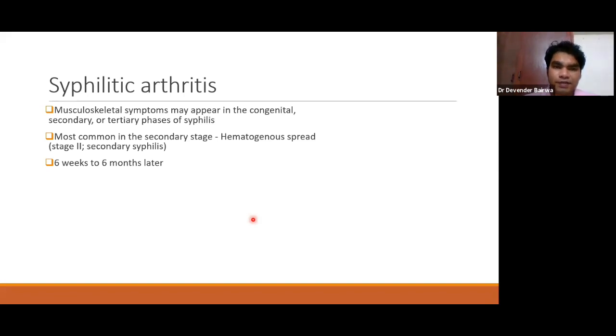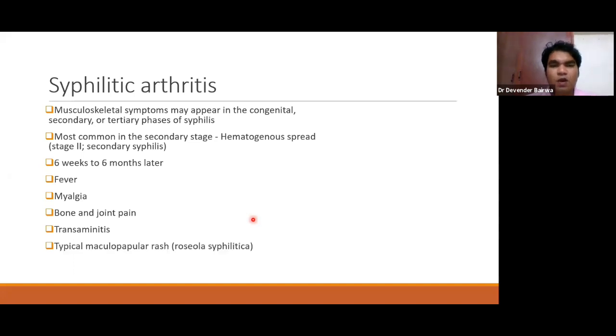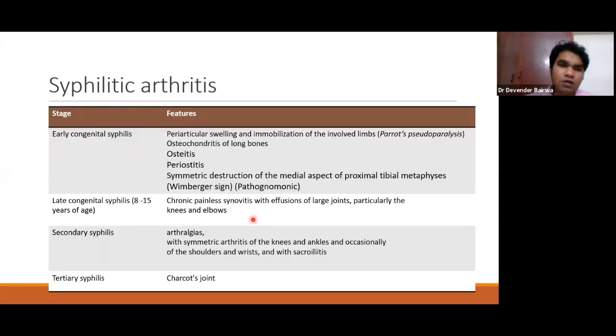Generally, secondary syphilis starts 6 weeks to 6 months after primary inoculation. There can be fever, myalgia, bone and joint pain. There can be some transaminitis, or development of a typical maculopapular rash over the body that is known as roseola syphilitica. So this table is actually summarizing all the features of syphilitic arthritis in different forms.